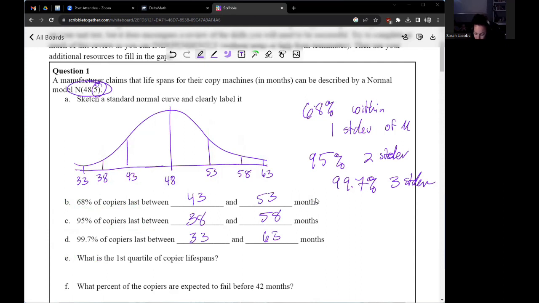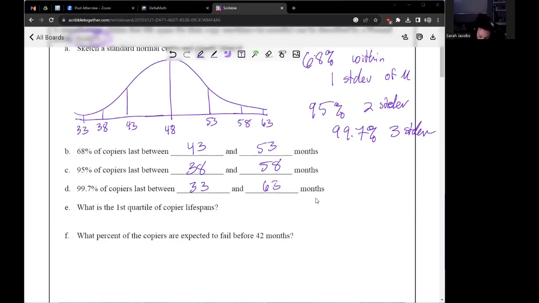All right. Now, for the first quartile of copier lifespans, you have to think about where that is. In the first quartile, if you think quarter, that's 25%. So it's the 25th percentile. Since we have a percent, and we want a value, we're going to use inverse norm.